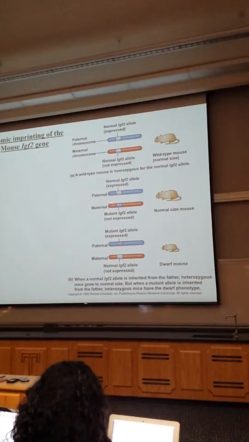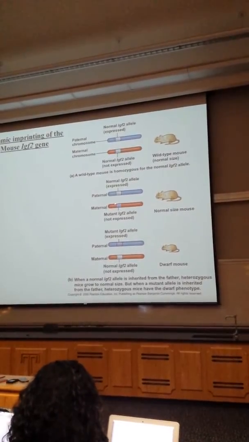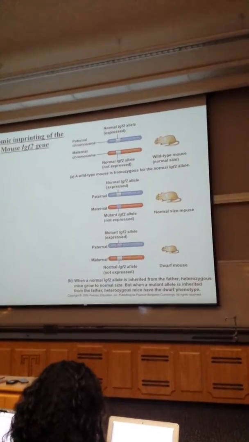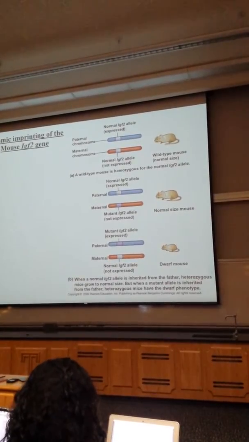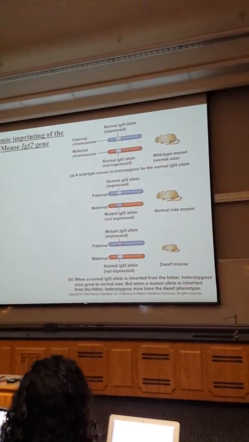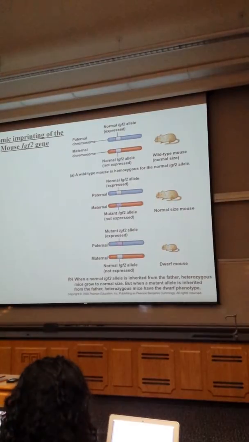If you mutate the female-derived allele, because it's not expressed, it's not going to affect the mouse at all, right? If you had a test question like this, would you be able to follow it? If it's not expressed and you mutate it, what's going to happen? Nothing. Absolutely nothing.